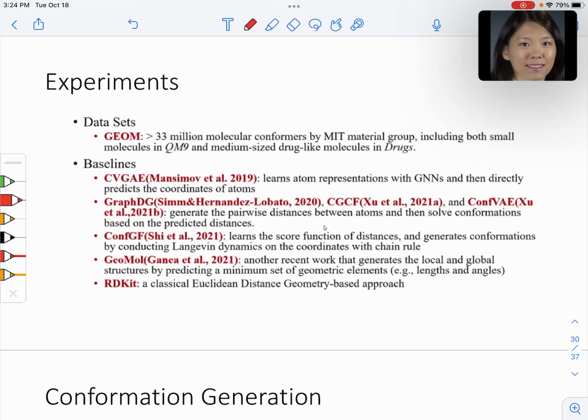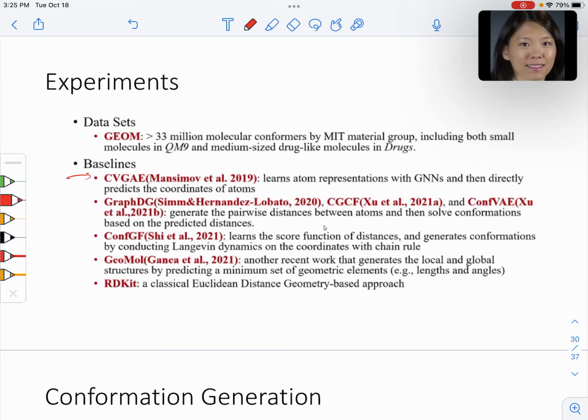For their experiments, they use a dataset which contains over 33 million molecular conformations by the MIT materials group, including both small molecules and medium-sized drug-like molecules. The baselines they selected are majorly the ones I previously talked about in the related work. The first one is a VAE-based framework that directly generates the coordinates.